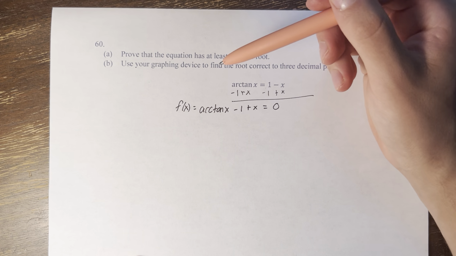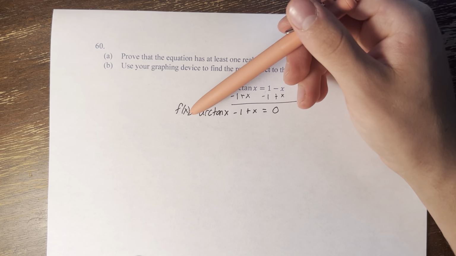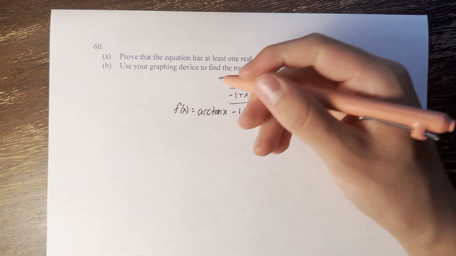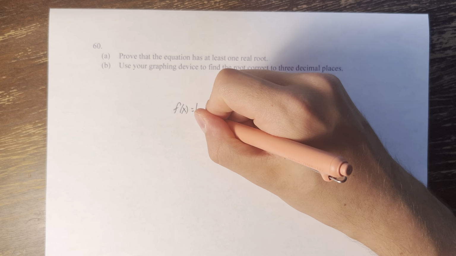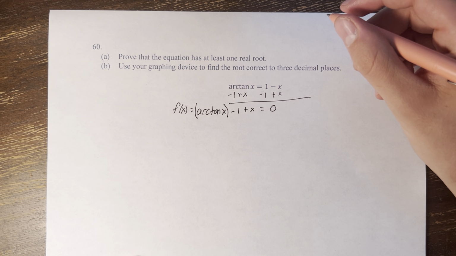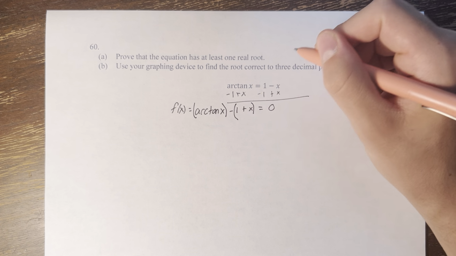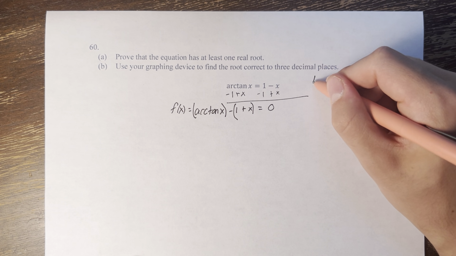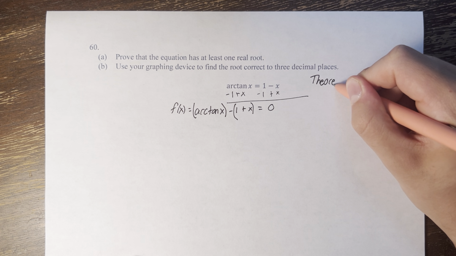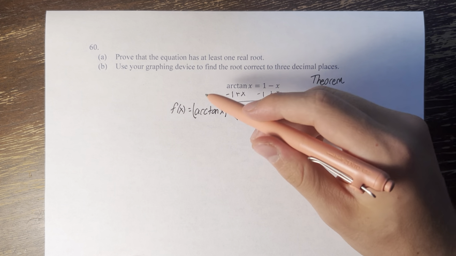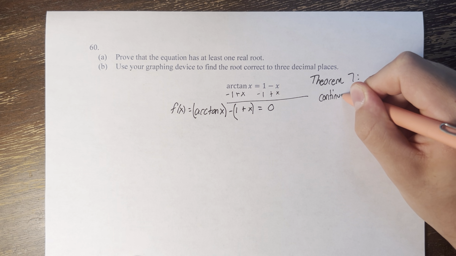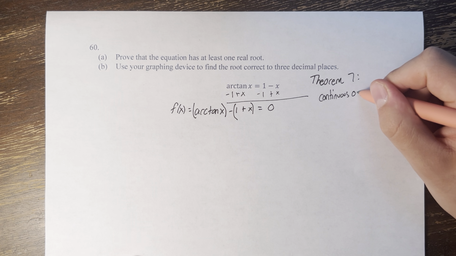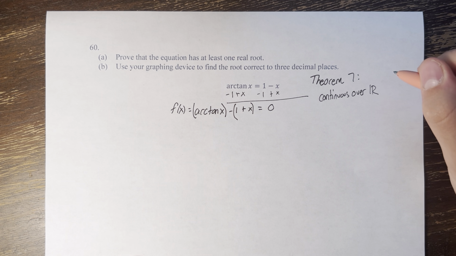And for f of x to have a real root, there must be a value of x such that f of x equals 0. And we're going to use the fact that we have an inverse trigonometric function and a polynomial. From theorem 7, we know that both of these functions are continuous over their domains, and in particular, they are continuous over all real numbers, because their domain is all real numbers.